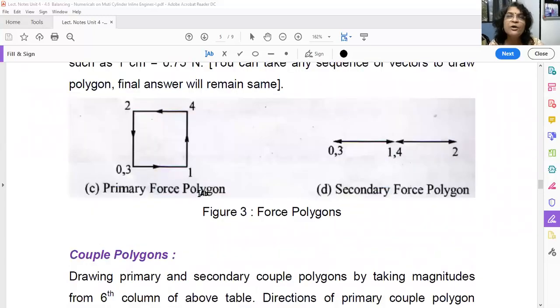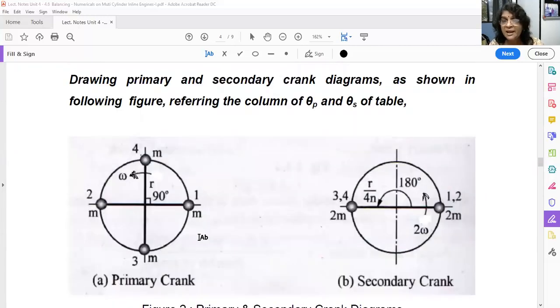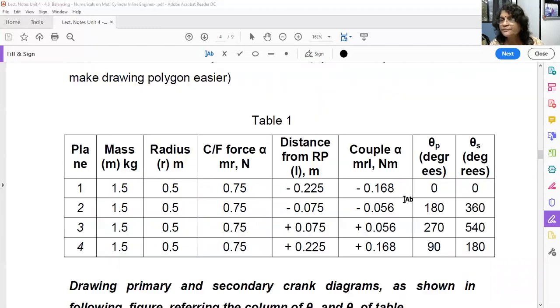Again you have to draw the couple polygon based on this primary crank diagram. Remember, there are only two things needed to draw the vector: magnitude and direction. The directions are given: 1, 4, 2, 3. The magnitude is given by this column, the couple magnitude.